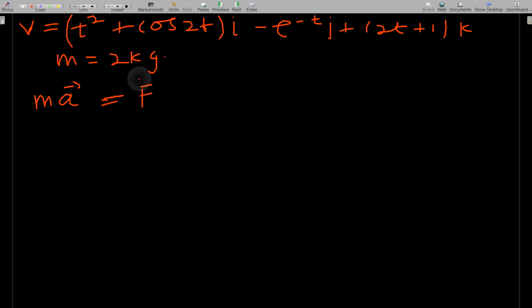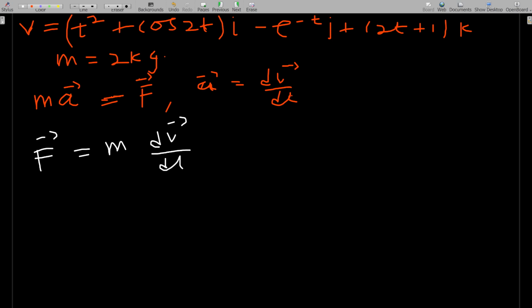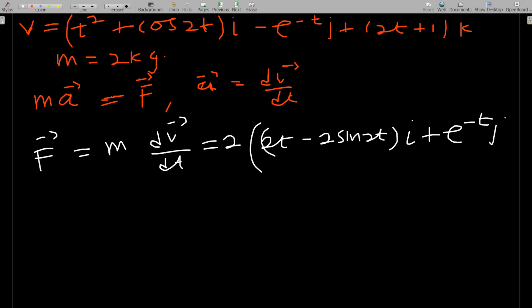We know that a is also equal to dv/dt. So very simple, my force is equal to m dv/dt, which is equal to 2 into differentiating the velocity with respect to time, and that will give me (2t minus 2 sin 2t) i plus e to the minus t j plus 2k, all multiplied by the mass m, which is 2 kilograms.